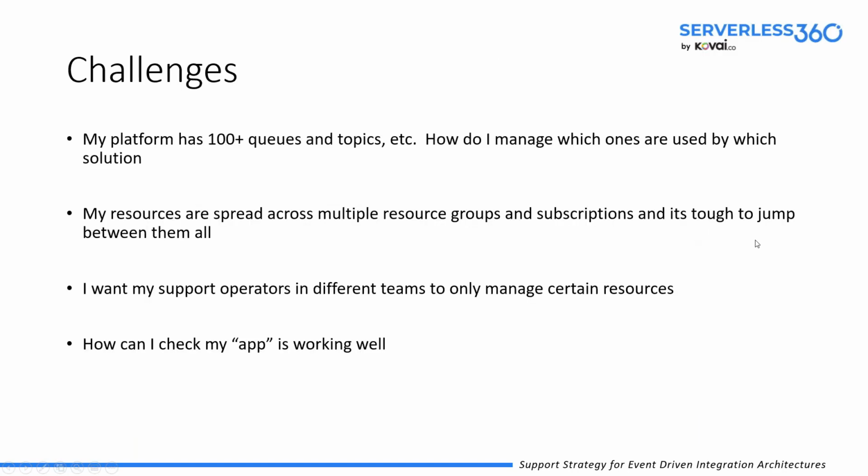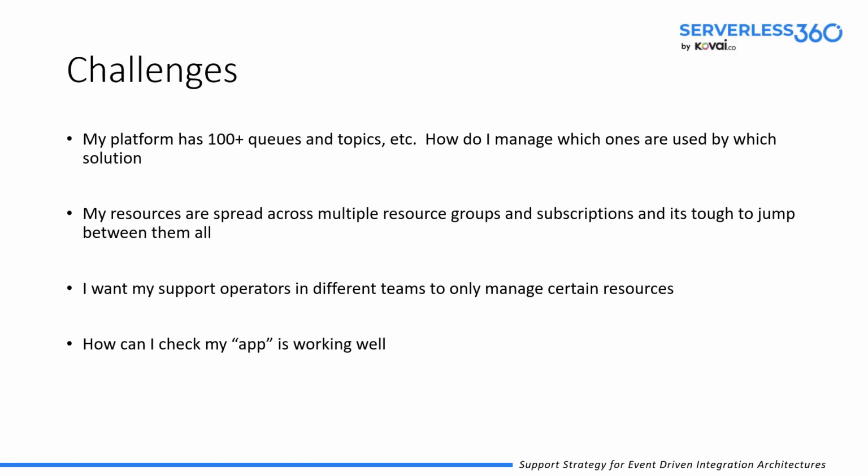So, challenges. We see a lot of challenges that customers have. A common one is a customer who might have hundreds of topics, queues and subscriptions in the various technologies, and the question is: out of my namespace, if it's a Service Bus for example, how do I know which queues are used where?